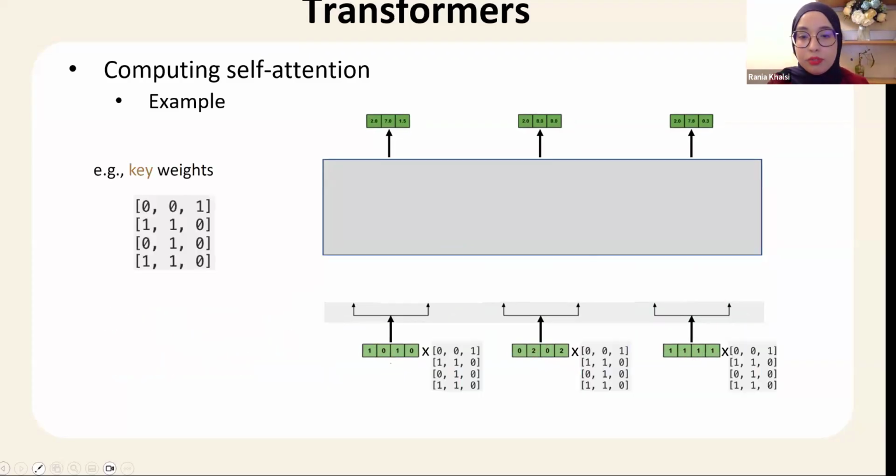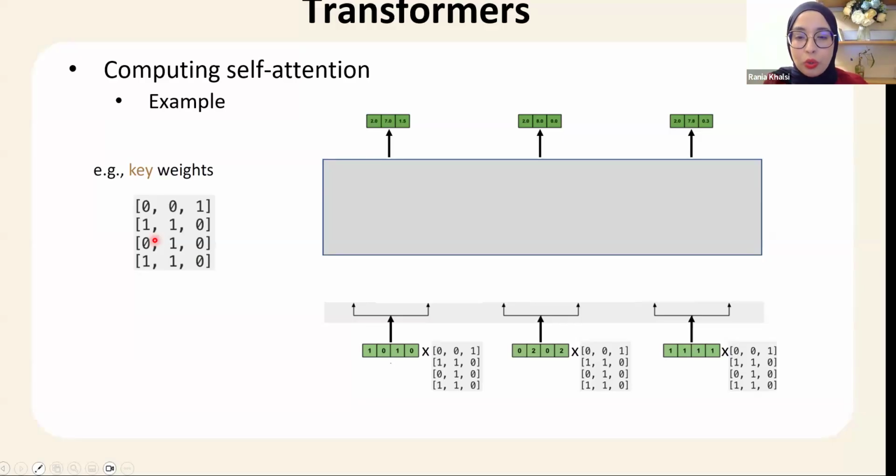Now, an example of a key is shown here. It's simply a matrix that contains learnable weights. These are the weights that are going to change during training until converging, similar to the weights we are familiar with in CNNs or other neural networks.